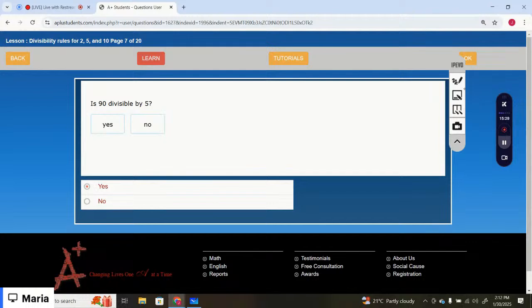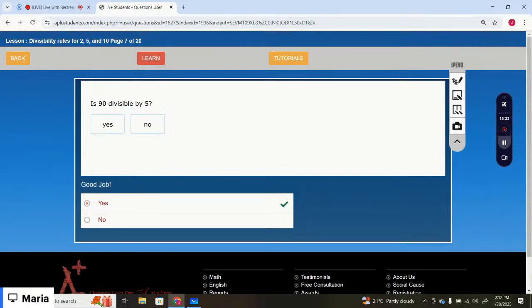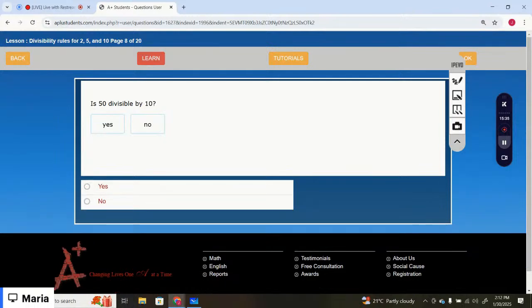Yes, it is. 90 is divisible by 5. Is 50 divisible by 10? Yes, it is. 50 is divisible by 10. Got it.